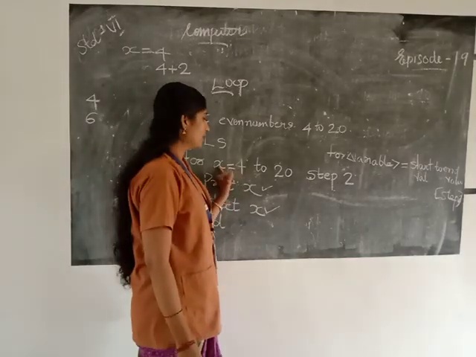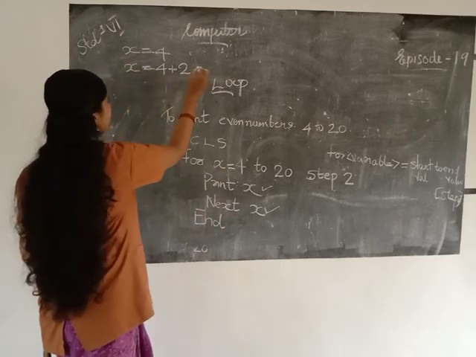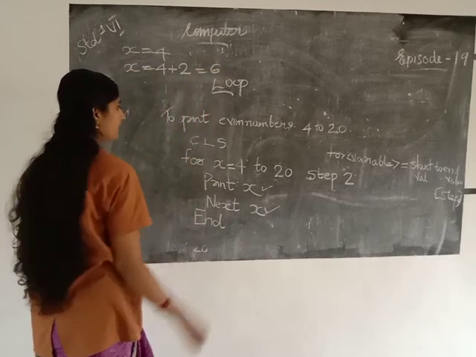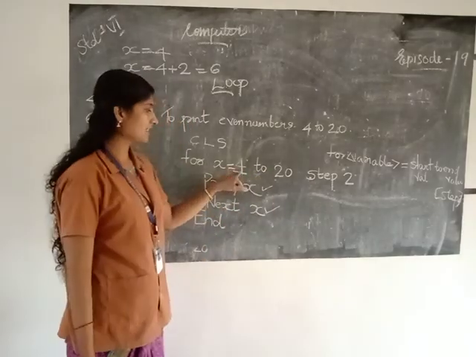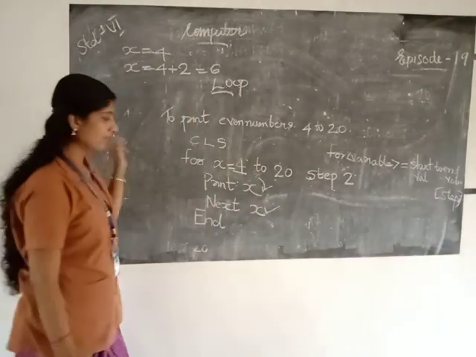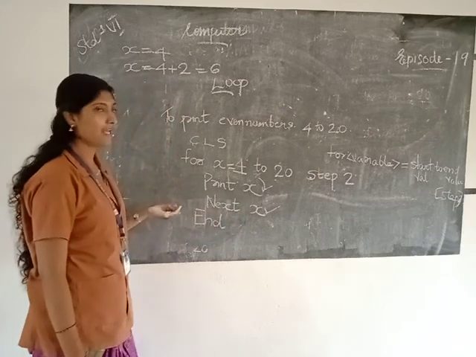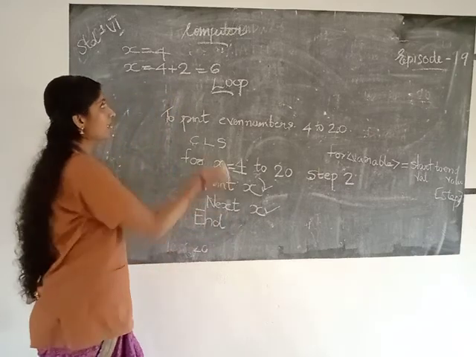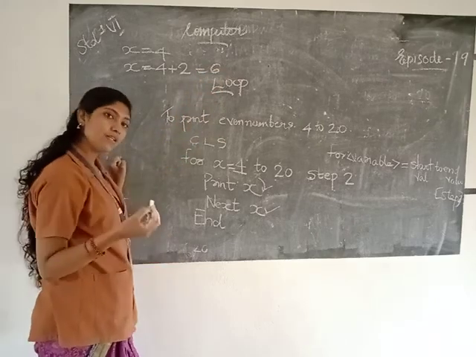Now the value of X is 6. Then again, after changing the value, print the X. So X is printed here and then X is incremented, X equal to X plus 2. Now the current value of X is 6, so it is incremented by 2.